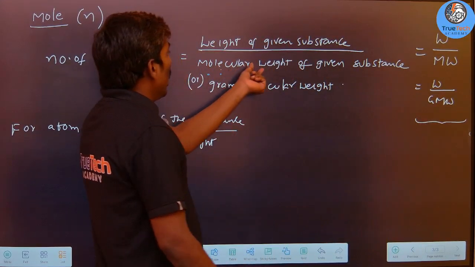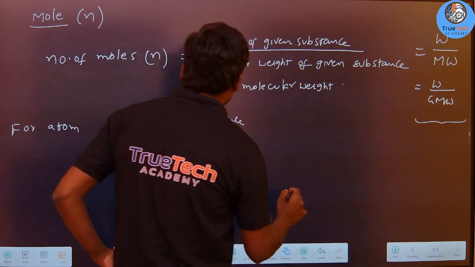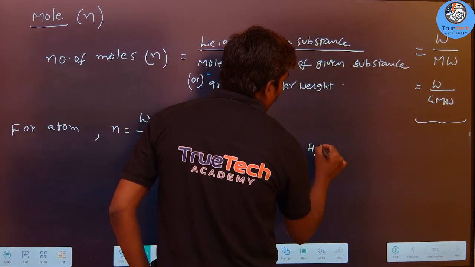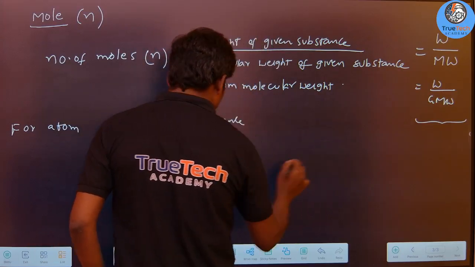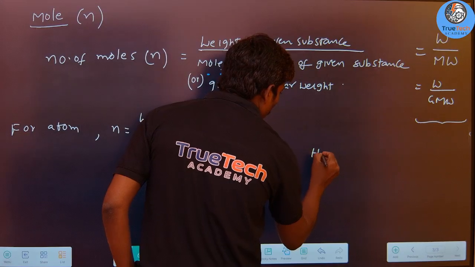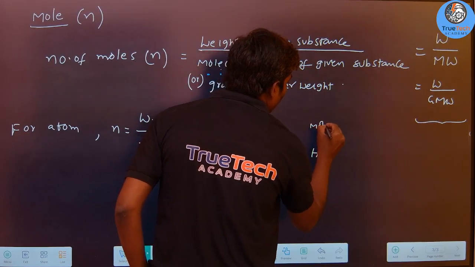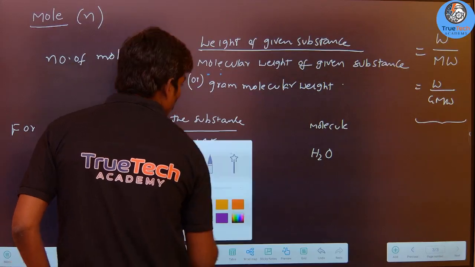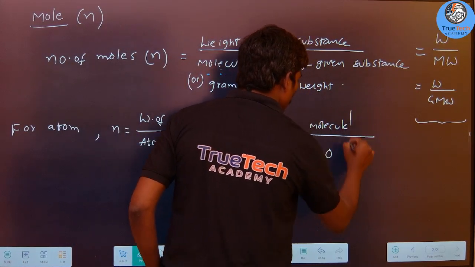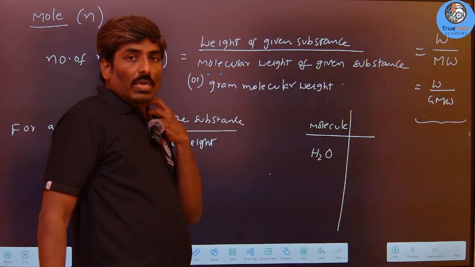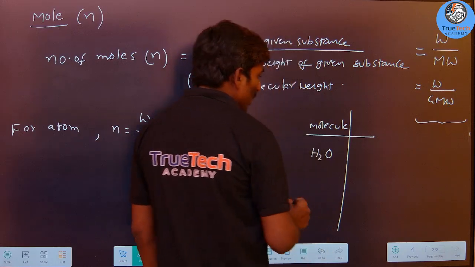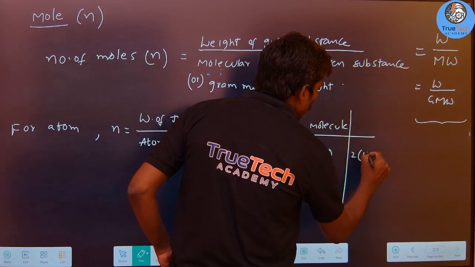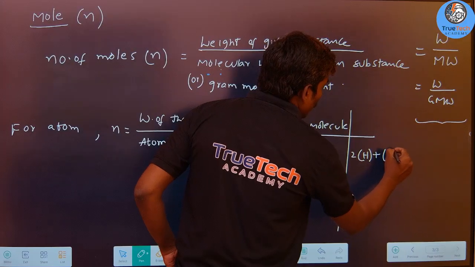We know how to calculate molecular weights. For example, H2O, this is a molecule. How to calculate molecular weight? Simply, by the combination of atoms: 2 hydrogens plus 1 oxygen.